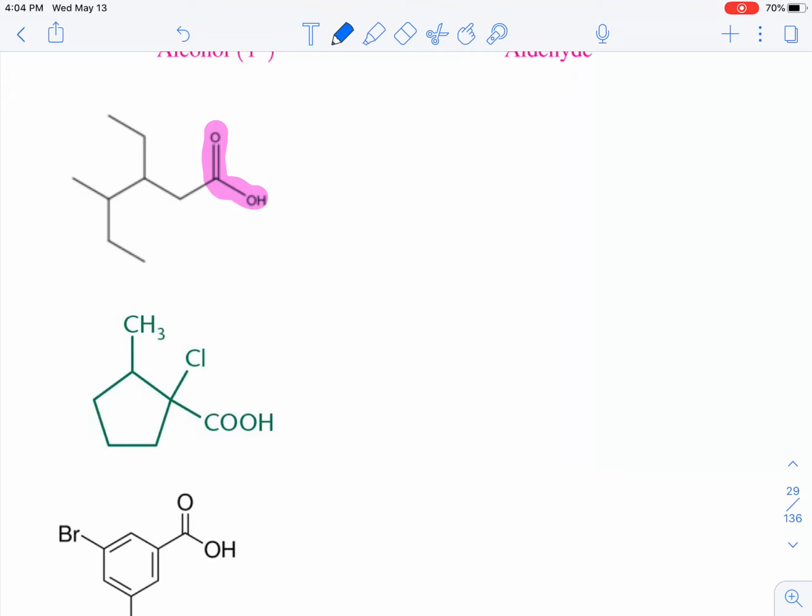Looking at this first example, this is our COOH, our carboxylic acid. If we reduce this, in other words, we're adding in hydrogen somehow, we get an aldehyde at the very end. Okay, that would be the product.